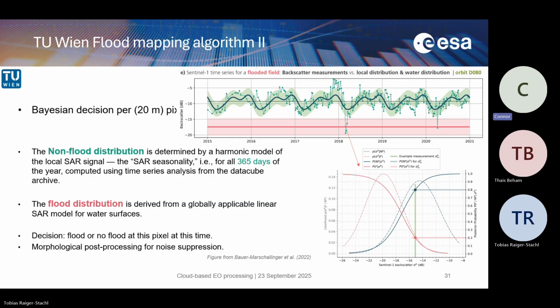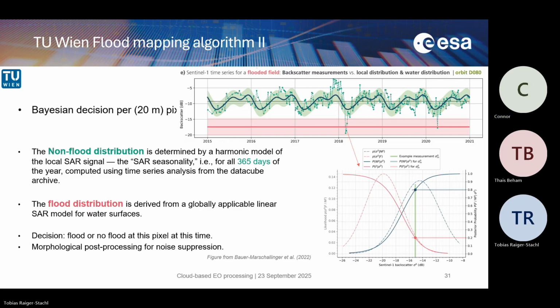So in this case, you can see 0.2 for flood distribution. Actually, it should be the reverse, but anyway, imagine we have 0.2 for land and 0.8 for flood. So in this case, we have an 80% probability of being flood and 20% of being land. So of course, we choose this as our final decision.